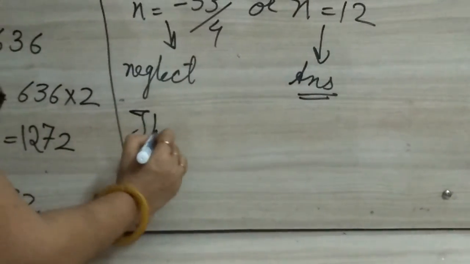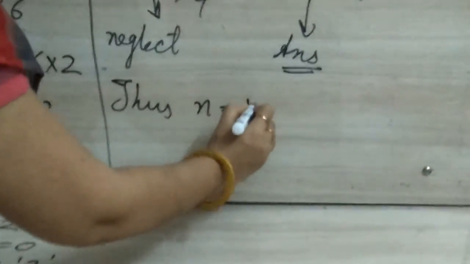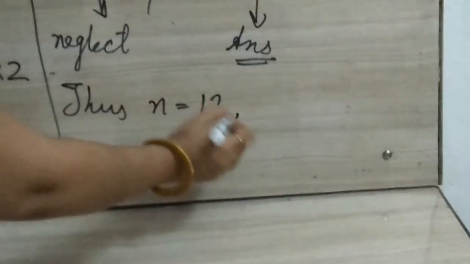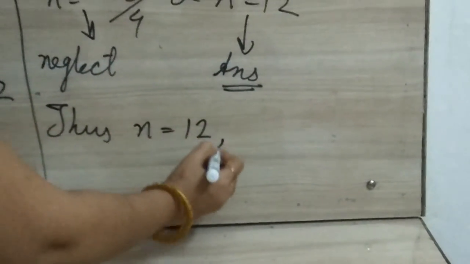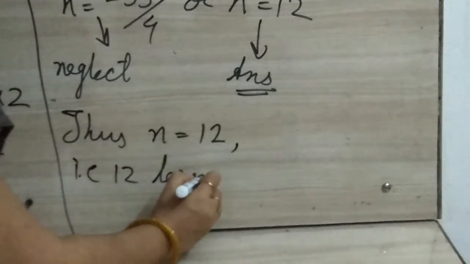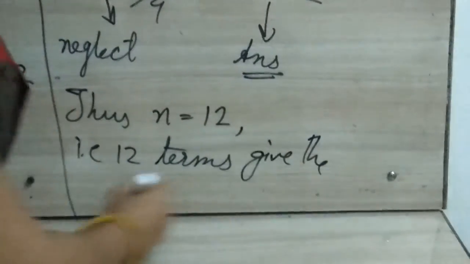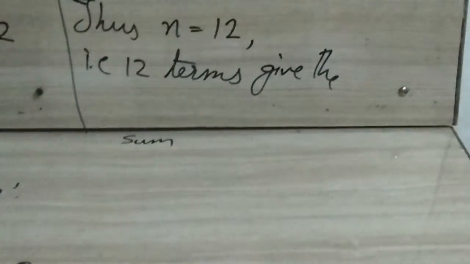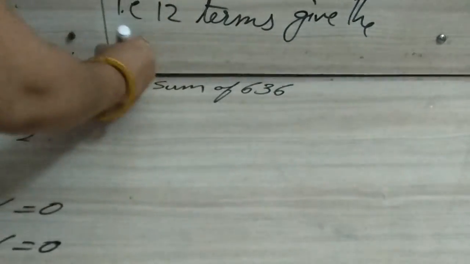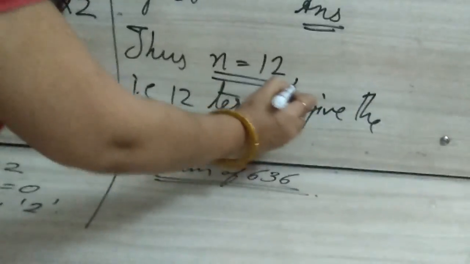So the last answer: thus n is equal to 12. That is, 12 terms give the sum. How much sum do 12 terms give? 12 terms give the sum of 636. So this 12 is your answer.